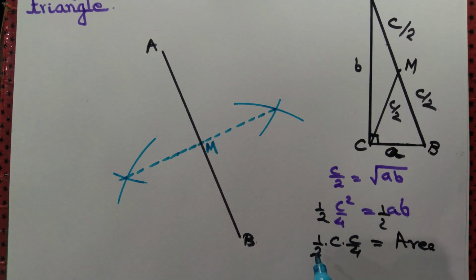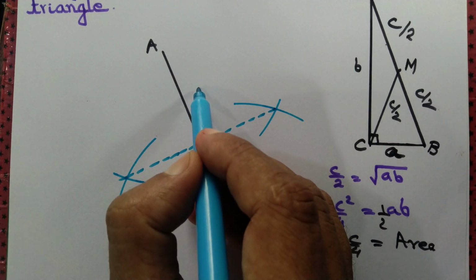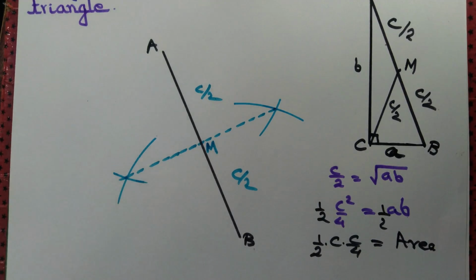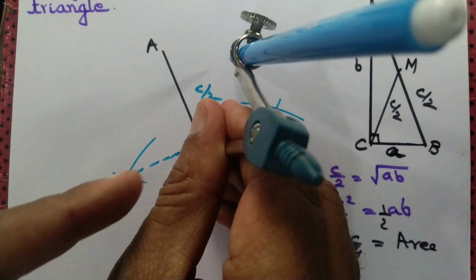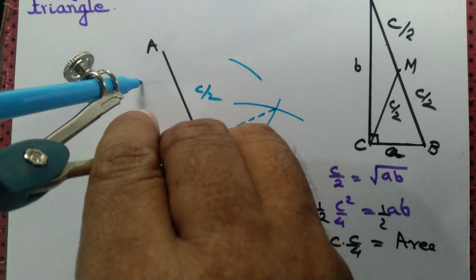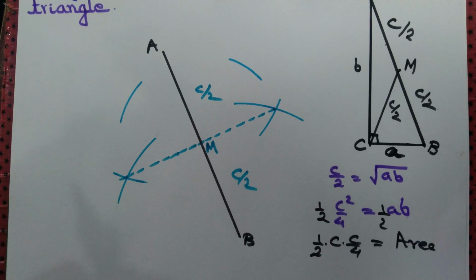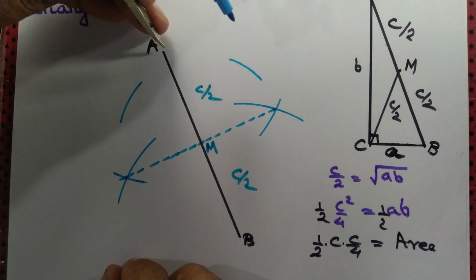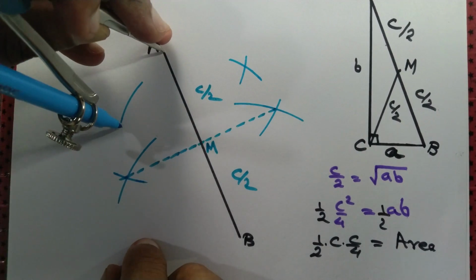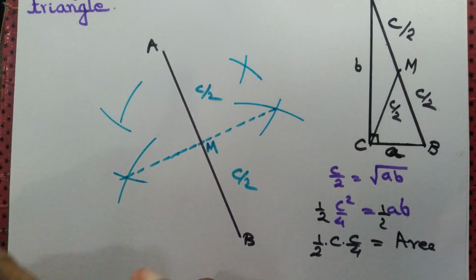Further, we are saying area equals half of C times C by 4. So we want somehow the altitude equal to C by 4. AM equals C by 2. MB is also equal to C by 2. Let's obtain C by 4. Again, we want to bisect AM, so we draw two circular arcs from the point M. Without changing the radius, draw two circular arcs from the point A. Make sure they intersect.